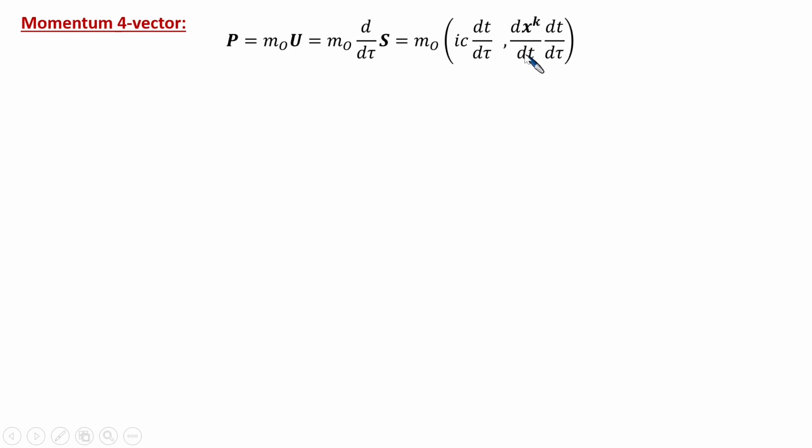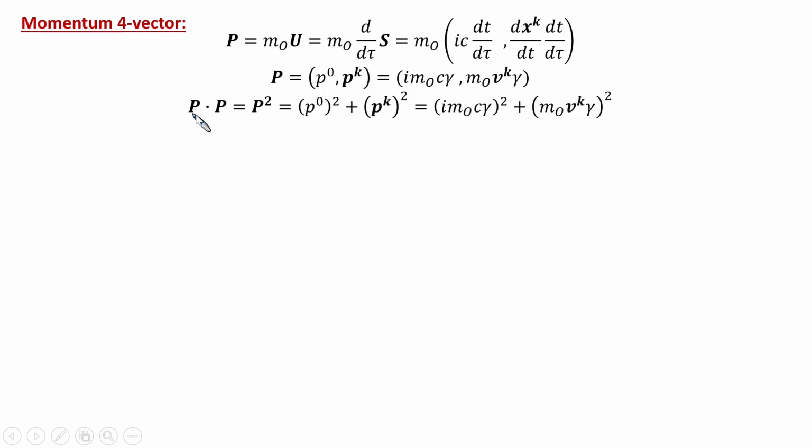I do the chain rule, the dt cancels, and it becomes dxk by d tau. So I can write this 4 momentum vector p as p0 and pk, where p0 is ic times dt by d tau, which is gamma, so it is i m0 c gamma, and pk is m0 times vk times gamma.